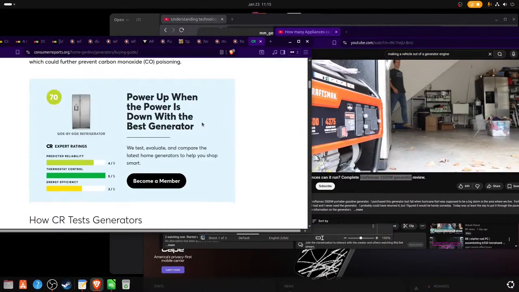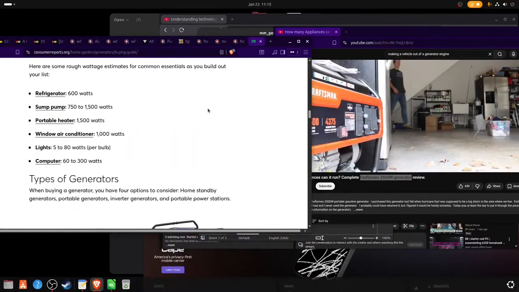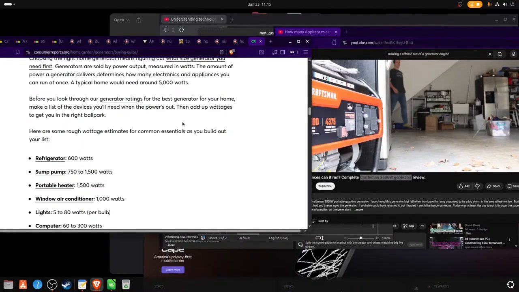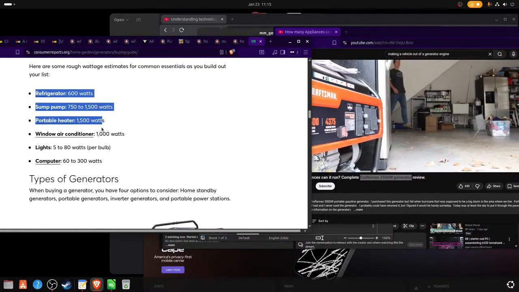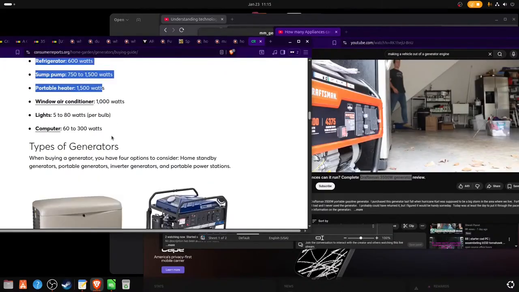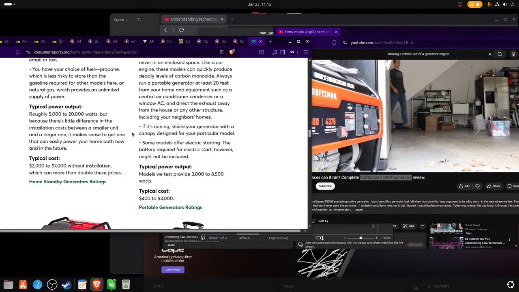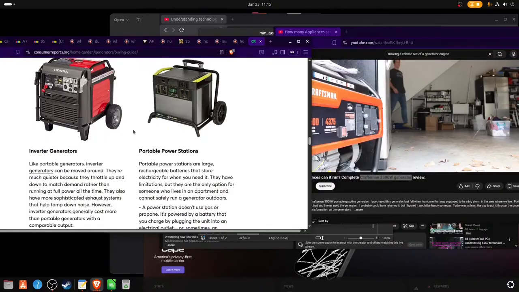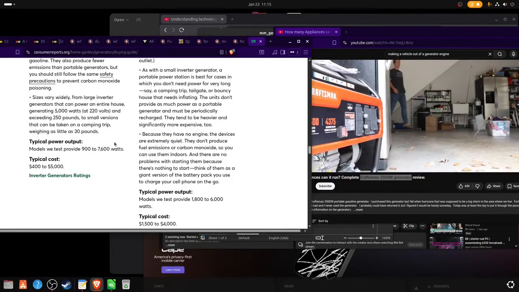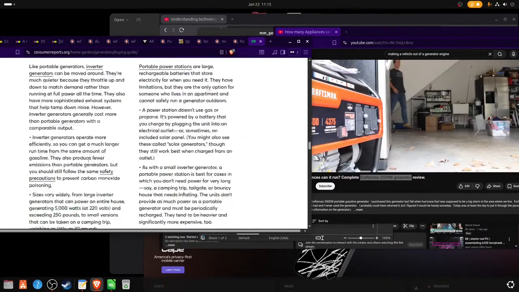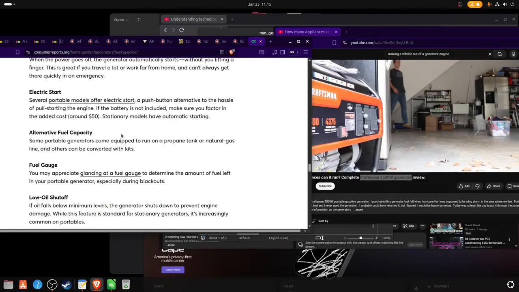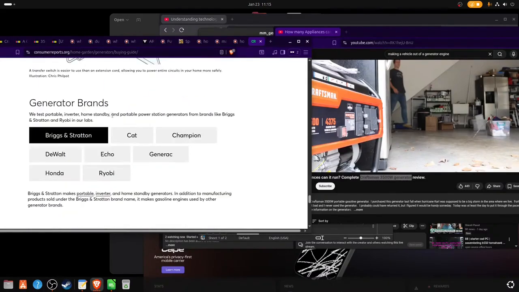Maybe we do have to do this. Refrigerator is only 600 watts. Portable heat, 1,500 watts. I got nothing in brands in Consumer Reports here.